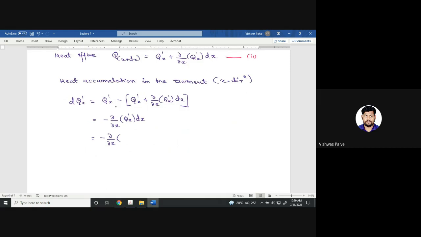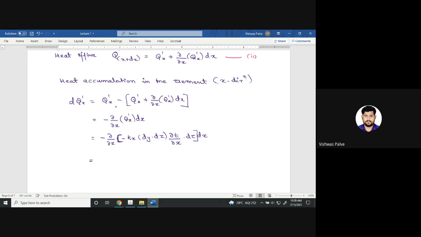So the same thing which we are going to write here, minus kx, change the bracket, dy into dz into dou t by dou x into d tau, bracket close, and this dx term will be as it is.